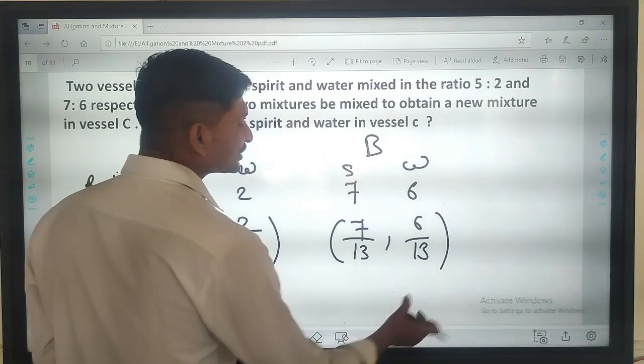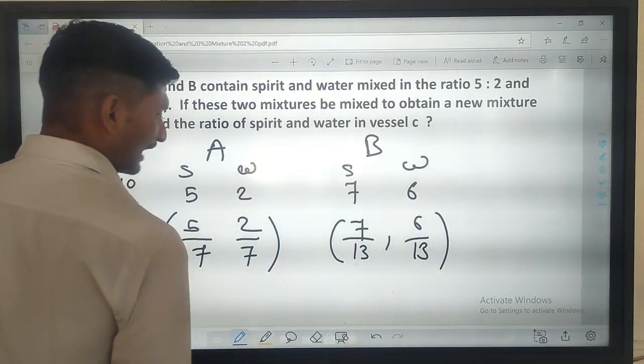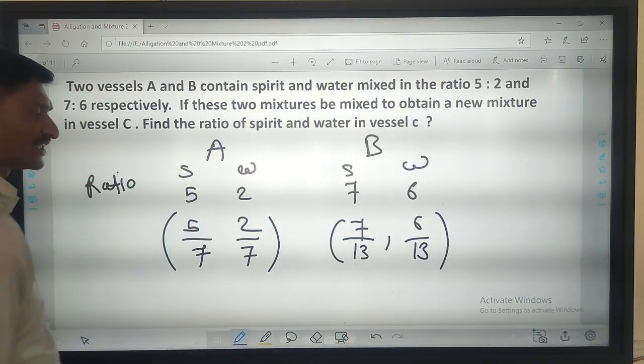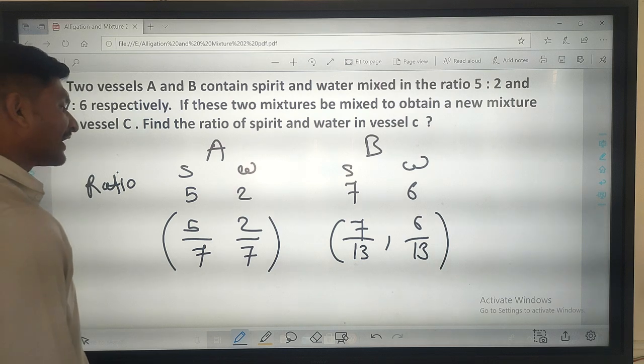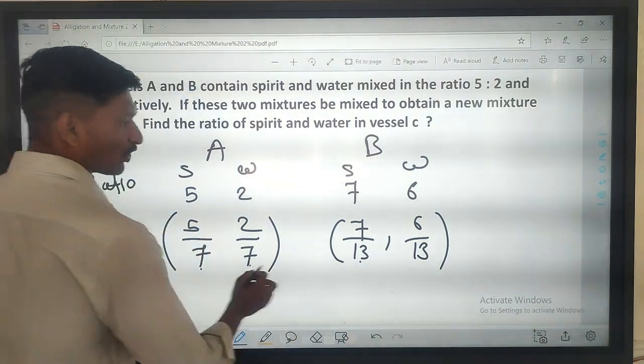Now these two vessels are mixed into a new vessel C. We add spirit and water.